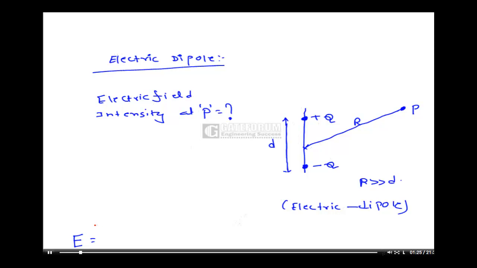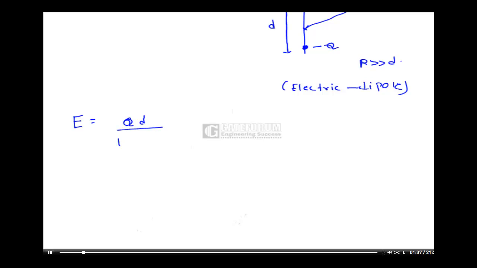The same procedure we can apply that we discussed for the previous problem. If you calculate, you will get E is equal to Q d by 4 pi epsilon naught R cube into 2 cos theta a_R plus sin theta a_theta.